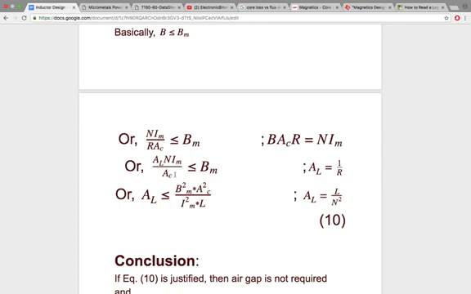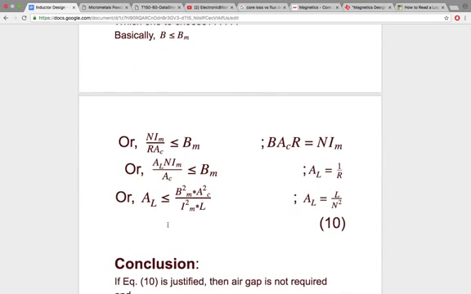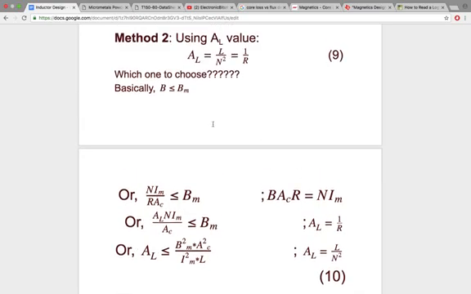You will see that if we use this formula, then this inequality has to be met. If it is not satisfied, then for sure, whatever value of n you have calculated from here, if the maximum current Im flows into the core, your B will reach Bm.